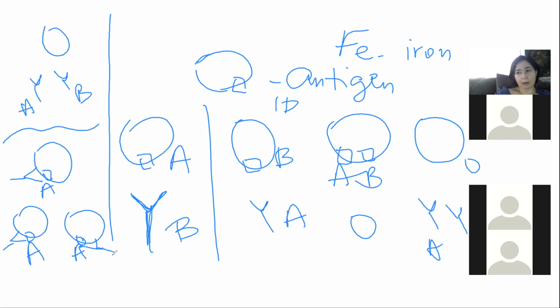what happens? They form complexes. They start to stick to each other. Antibodies stick to red blood cells and stick to each other. So all these red blood cells and antibodies are going to form heavy chains.